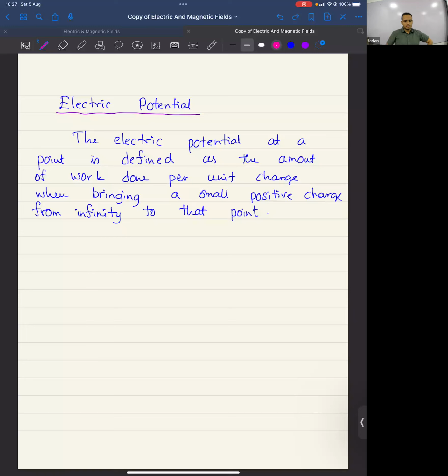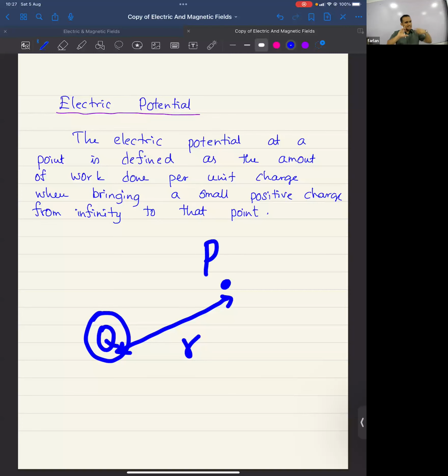Okay, now listen. Let's say there's a charge Q here, at a distance R, at this point, and you want to know the electric potential at that point.